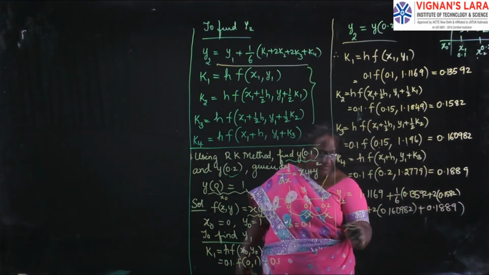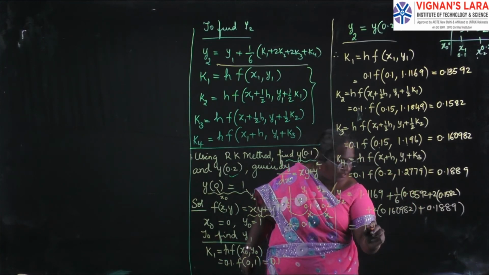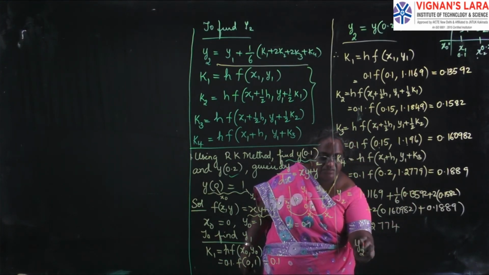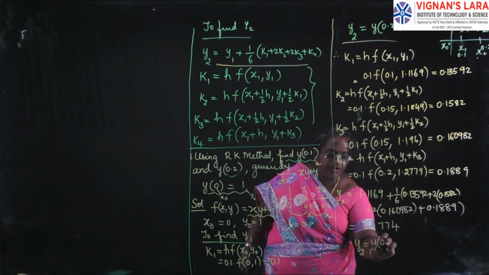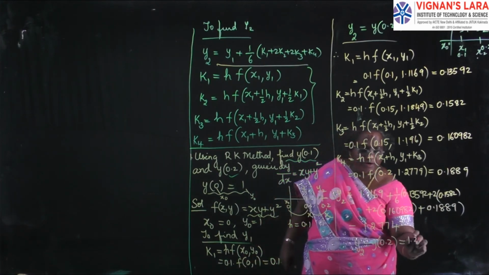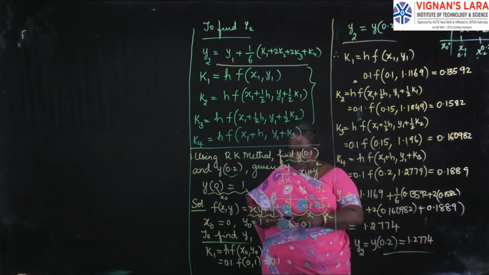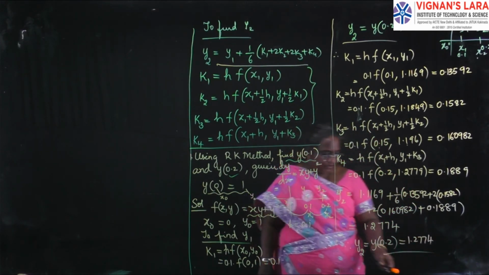So if you evaluate, this value will be 1.2774. Therefore y2, which means y at 0.2, is equal to 1.2774. So this is about the RK method. So see the problem once.